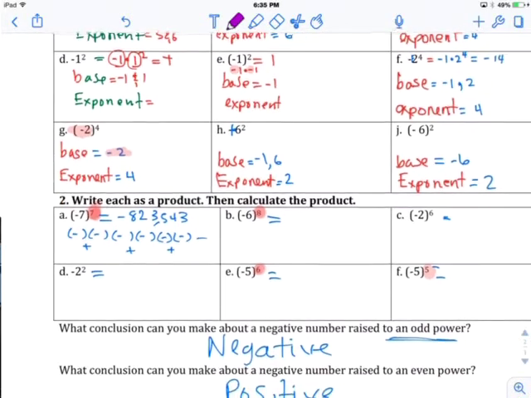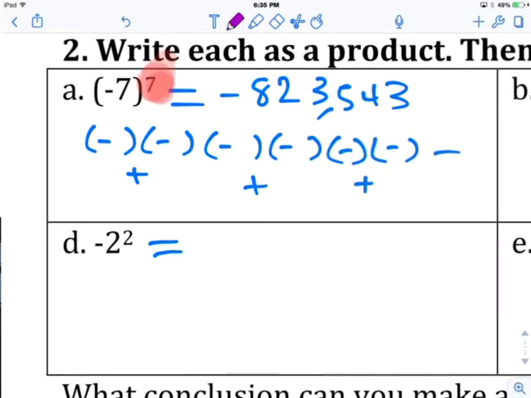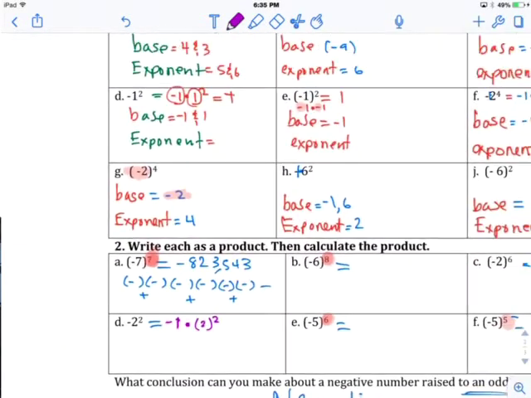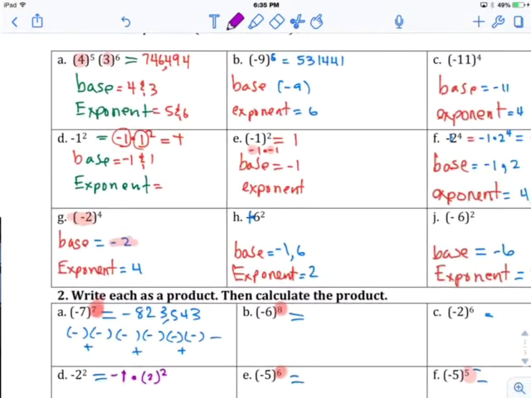Okay? And this means -1 times 2 squared, where the base is 2 and 1, just like we have here.